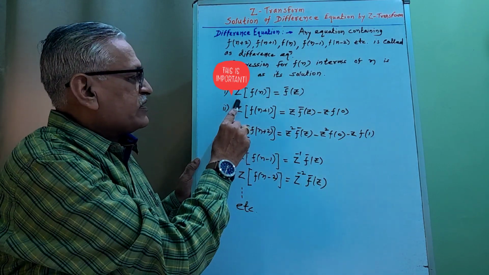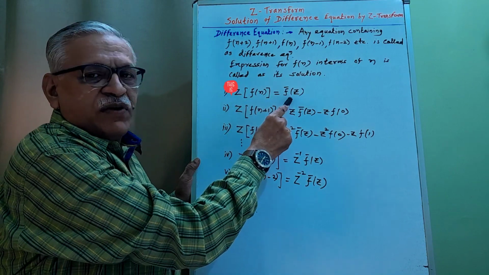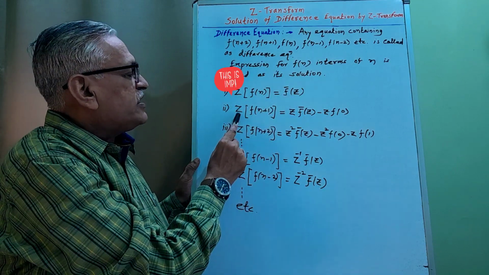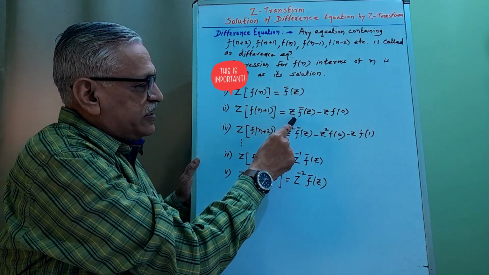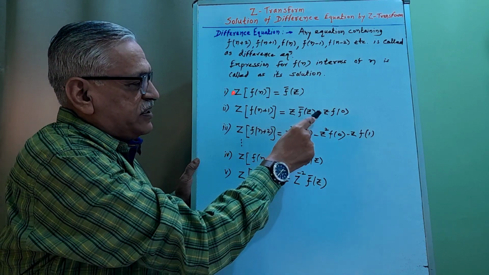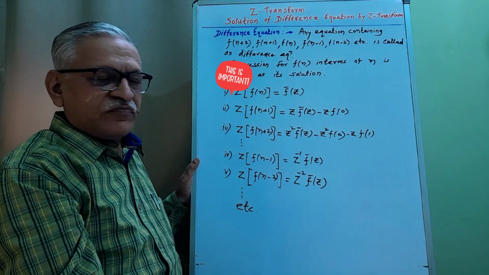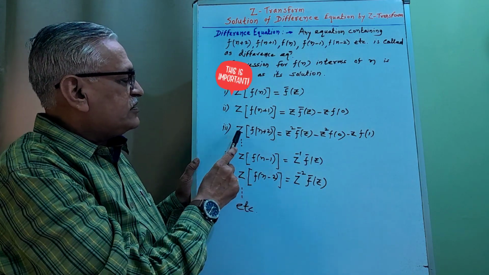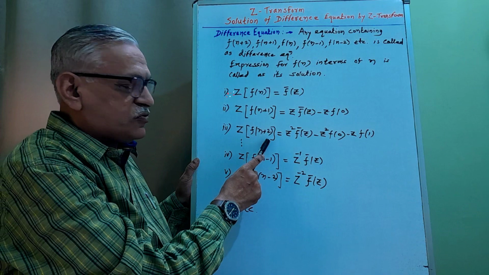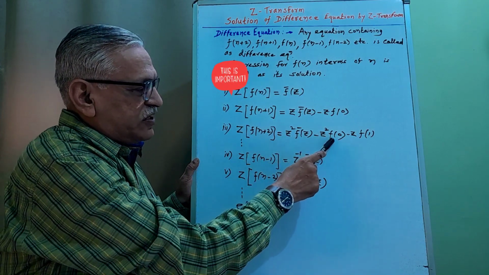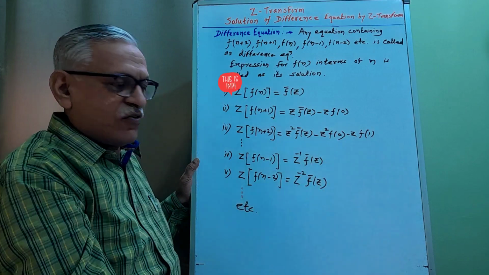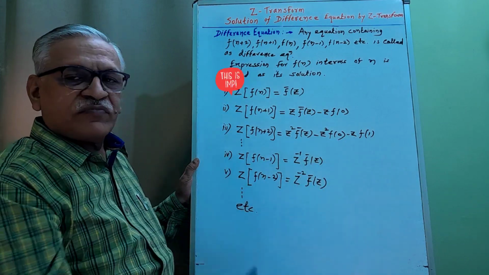The first one: Z transform of f of n is f bar of z. Second, Z transform of f of n plus 1 is equal to z f bar of z minus z f of 0. Third, Z transform of f of n plus 2 is equal to z square f bar of z minus z square f of 0 minus z f of 1, and so on.